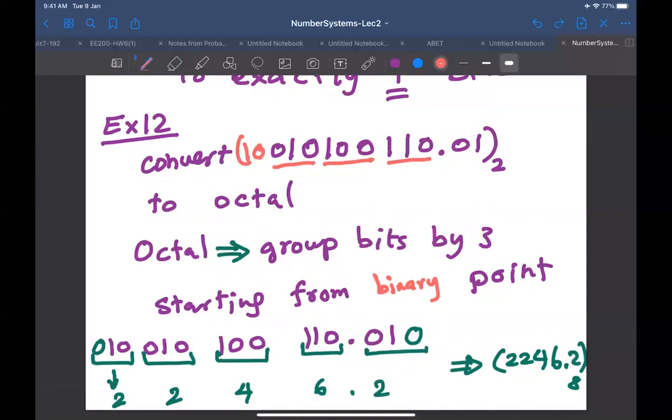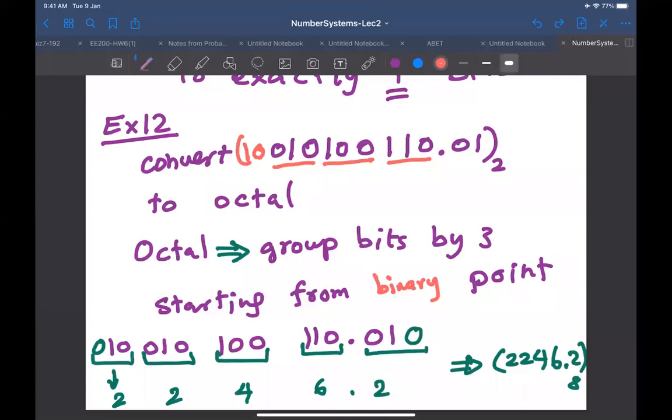You have to memorize them yourself as well, because this will make your life much easier when doing problems in number systems. 110 is equivalent to 6. Octal 6 or decimal 6, both the same. 100 is 4, and then 010 is 2, and 010 is 2 finally. So the octal number is 2246.2 in octal.